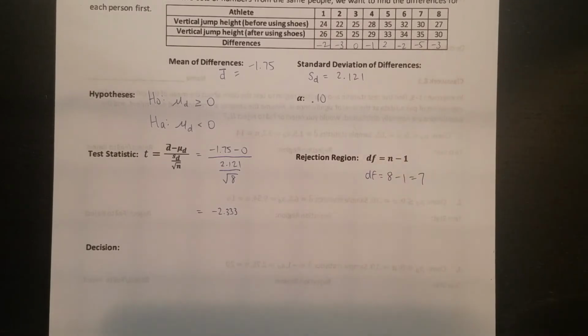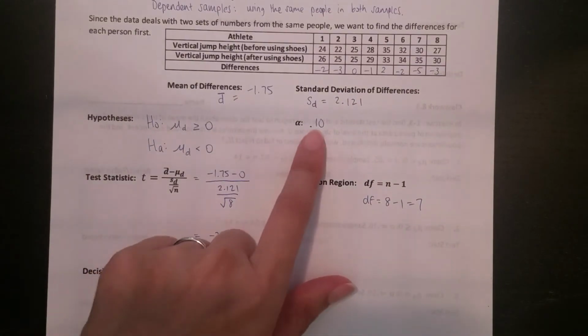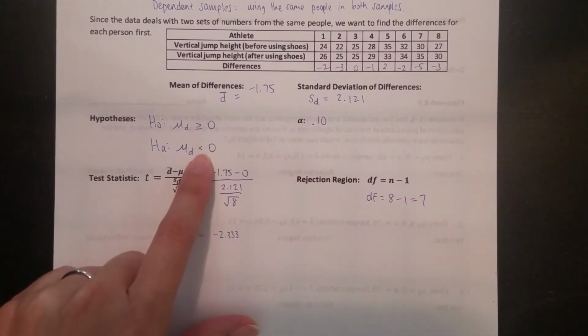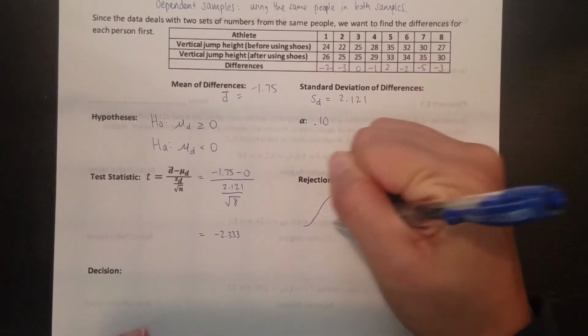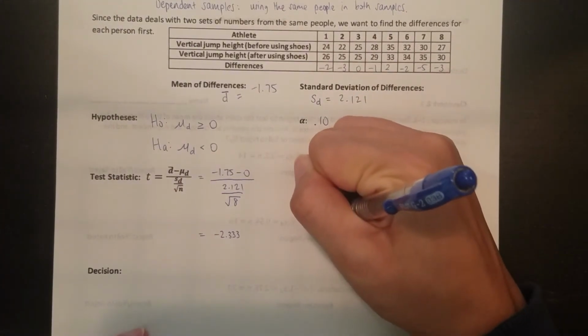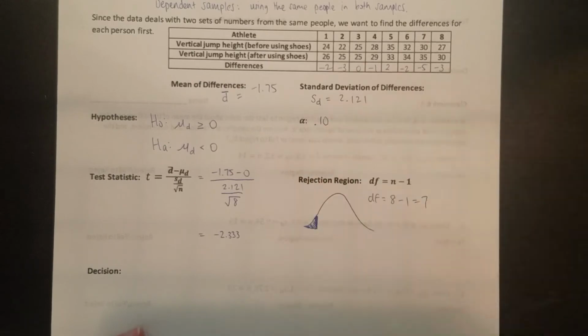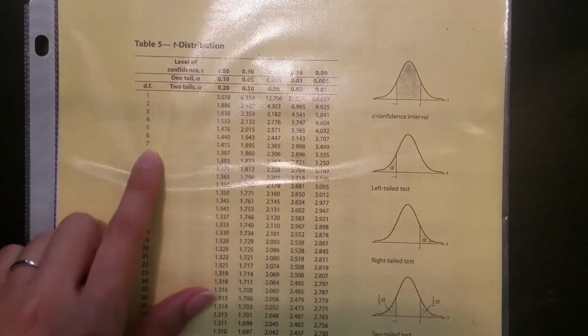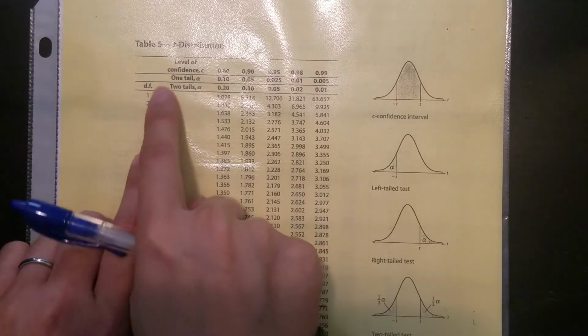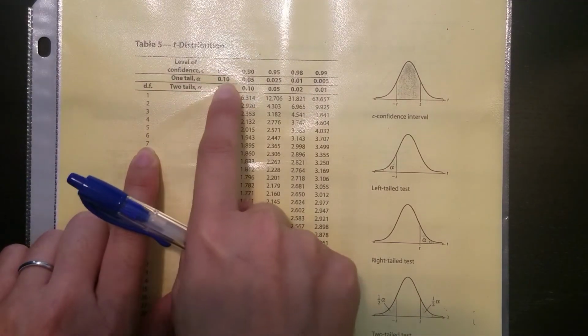Subtract 1 would be 7, would be our degrees of freedom. And because this is alpha of 0.10 and it's a one-sided test, because we are shaded to the left only, since our HA is less than, when we look at our green chart, degrees of freedom of 7, this is a one-tailed test of 0.10.